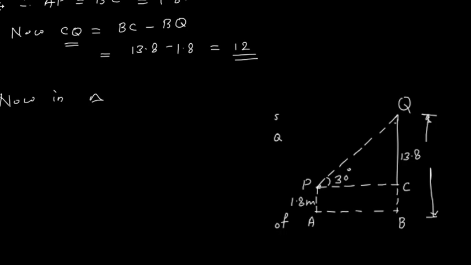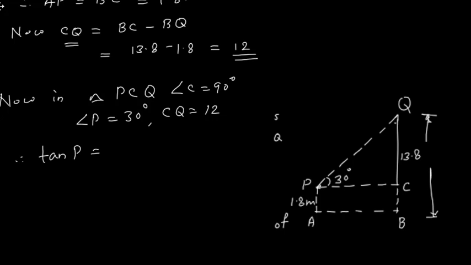In triangle PCQ, we have angle C 90 degrees, angle P 30 degrees, and the value of CQ is 12. Because I want PC, tan of angle P is equal to CQ divided by PC. So tan of 30 degrees is equal to CQ divided by PC.